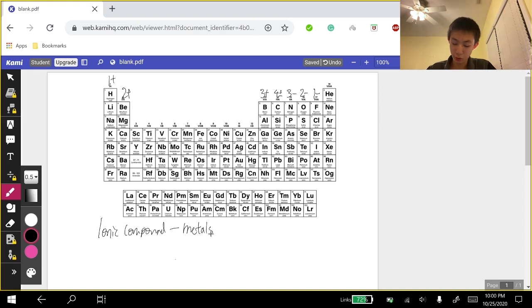Ionic compounds can include metals, nonmetals, and polyatomic ions.